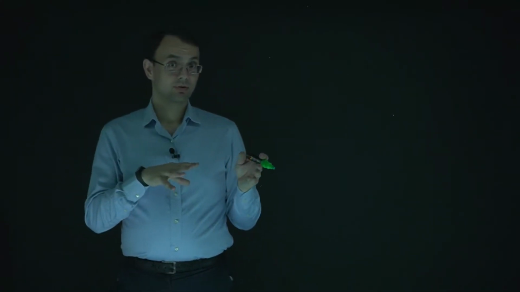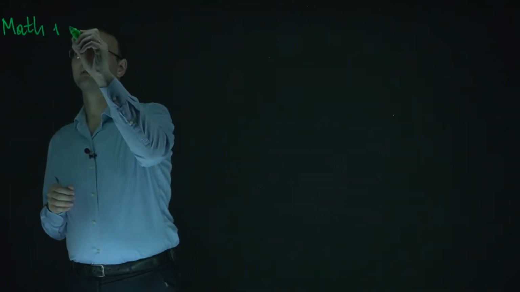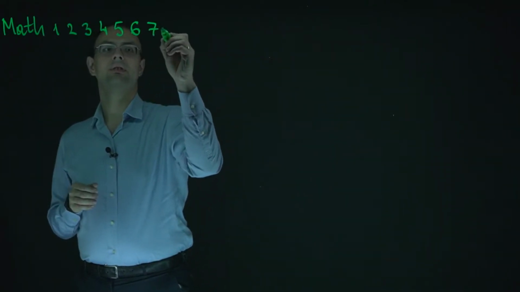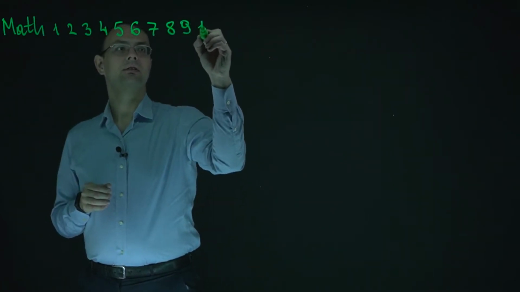Now let us see what we can do with ordinal data. There is a class of 10 students, and the math teacher ranked these students in order of their mathematical abilities from the lowest to the highest. So the ranks are 1, 2, 3, 4, 5, 6, 7, 8, 9, 10.